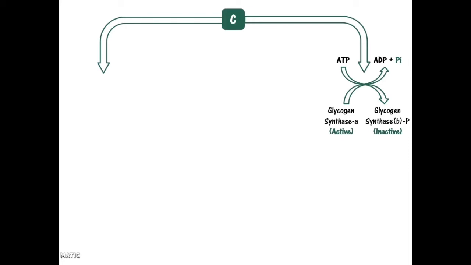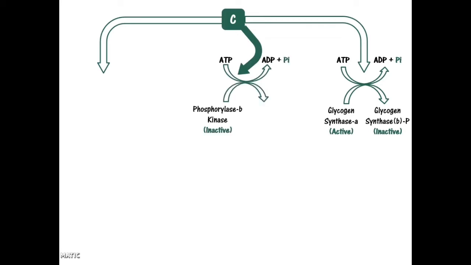After ensuring that glycogenesis is inactive, now we should activate glycogenolysis. How is this going to be done? It's all about the activation of glycogen phosphorylase, the main regulatory enzyme of glycogenolysis, which will be mediated by protein kinase A. This protein kinase, the active form, will phosphorylate the phosphorylase kinase, the inactive form, converting it into the active form once the phosphate group is added.